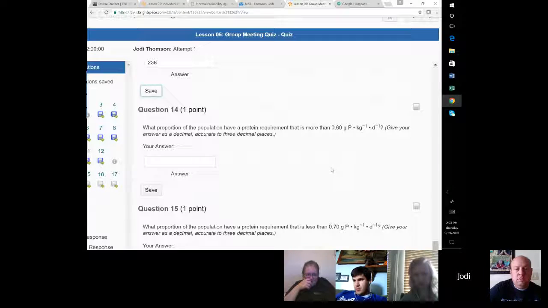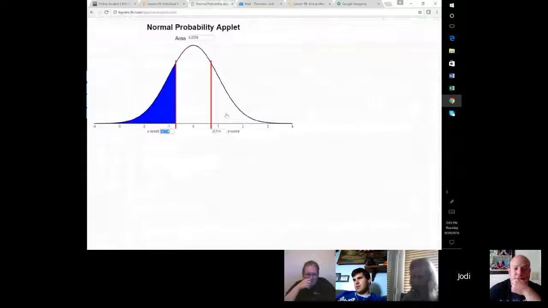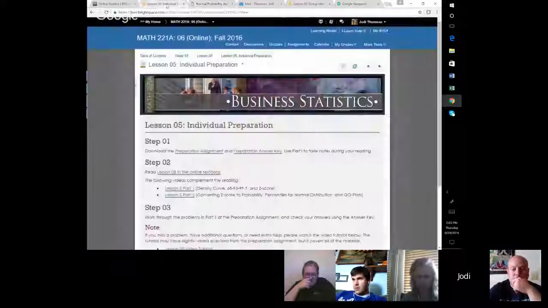What proportion of the population have a protein requirement that is more than 0.6? Okay, so we keep the same numbers, we just highlight something different, right? Yeah. So 0.762. Is that right? Oh, wait a minute. You can either do that or you can just take 1 minus 0.238.